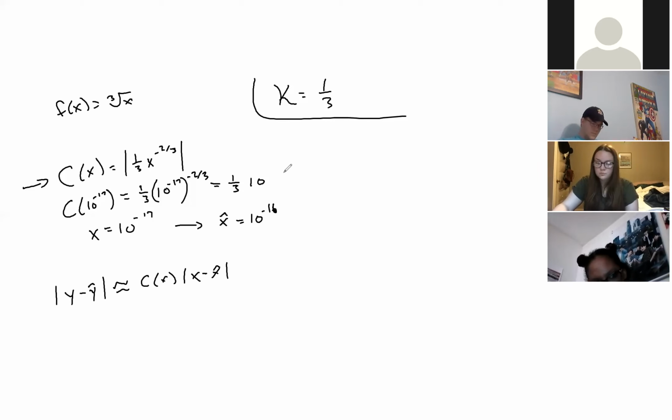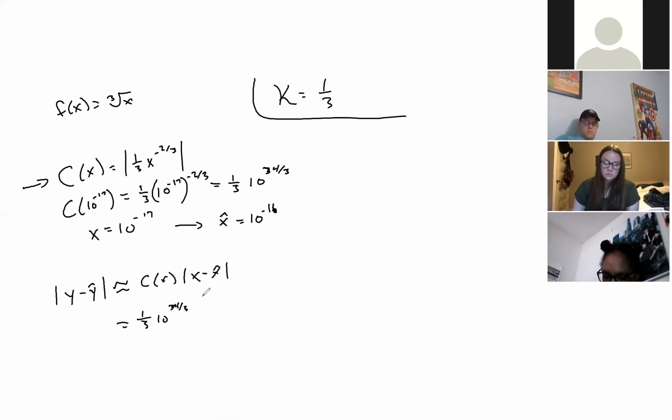So it's 1/3, 10 to the 34 thirds, whatever that is. So this is 1/3, 10 to the 34 thirds times the change in our x values. And our change in our x values was from 10 to the negative 17th to 10 to the negative 16th.